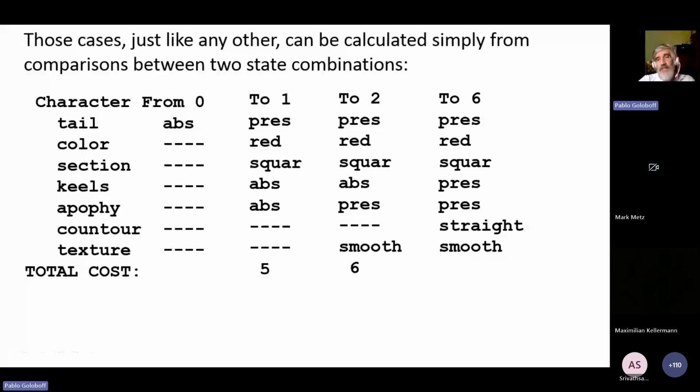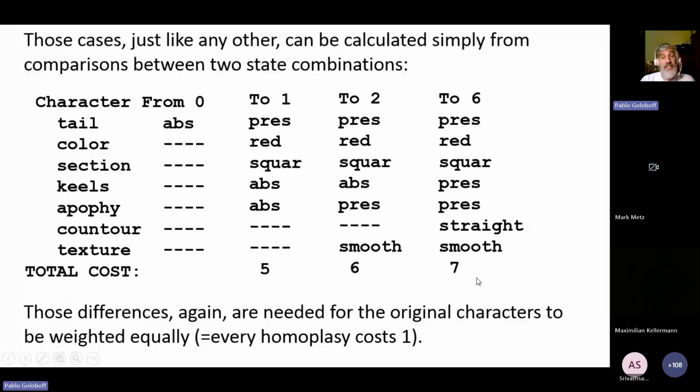So you have different costs of the transformation from no tail into a tail, depending on what happens with the secondary primaries, so to speak. Again, those differences are going to be needed for the original characters to be weighted equally, that is, to have every homoplasy in the original characters cost 1. Then you have to have these differences in costs.